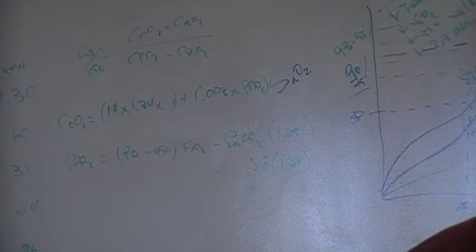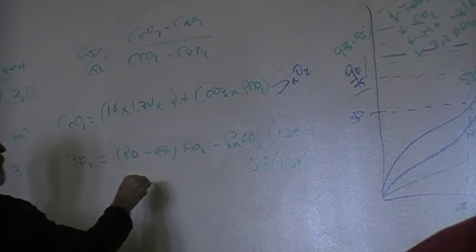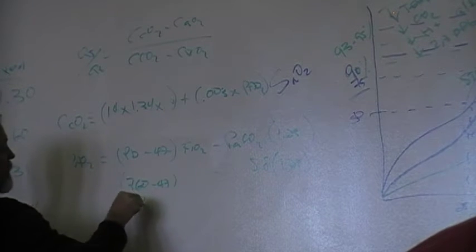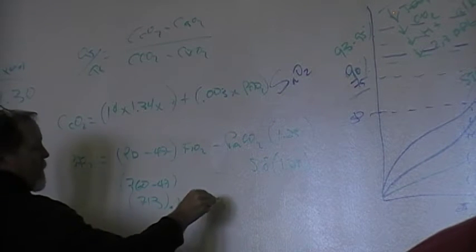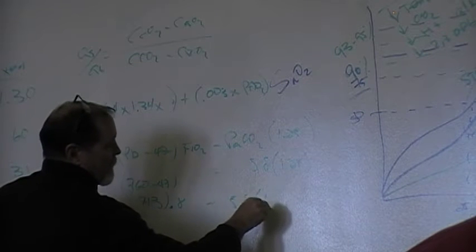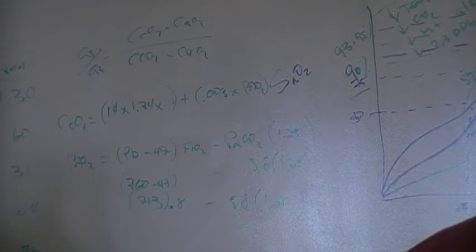So we're having this patient breathe 80% oxygen, and the PO2 is only 55. So barometric pressure 760, that's sea level, minus 47 is 713 times 0.8 minus 58 times 1.25. What's 58 times 1.25?